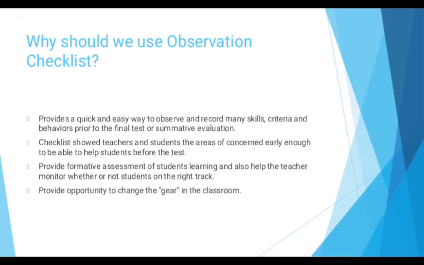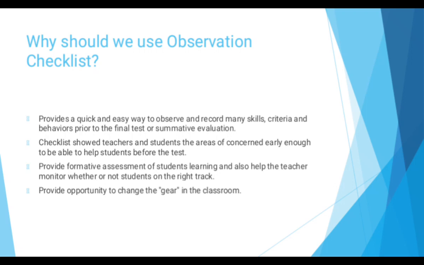Why should we use observation checklist? Observation checklist provides a guide and easy way to observe and record many skills, criteria, and behaviors prior to the final test or summative evaluation.